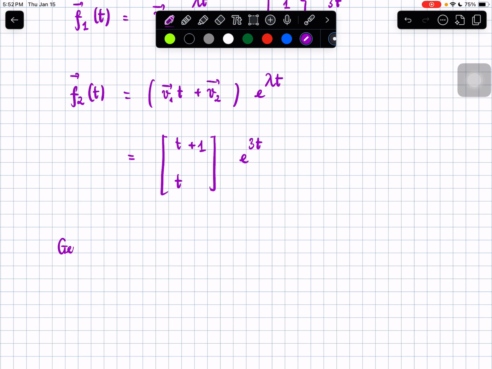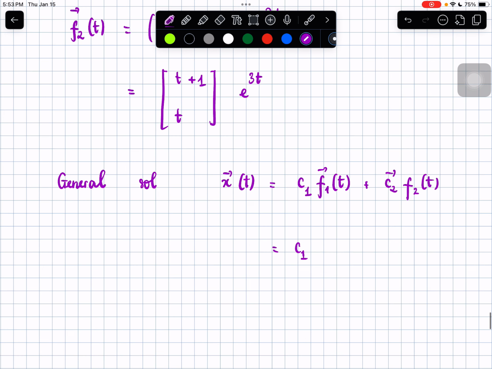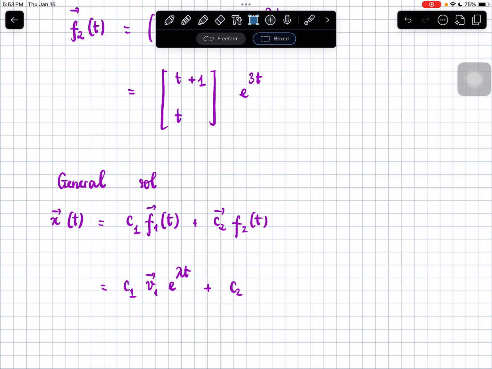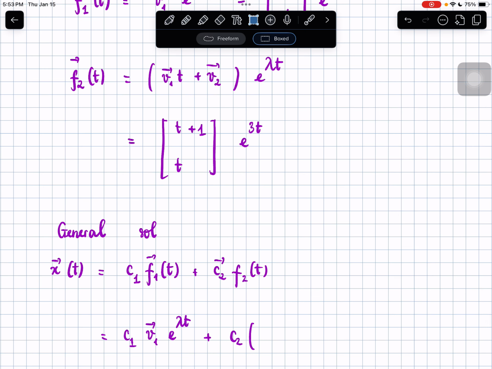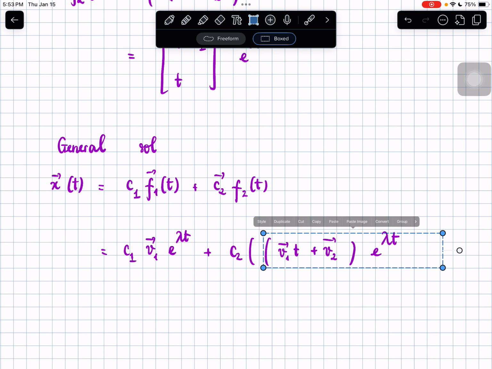The general solution is of this form: x(t) is scalar C1 times F1 plus scalar C2 times F2. So C1 V1 e^(lambda t) plus C2 (V1 t plus V2) e^(lambda t).